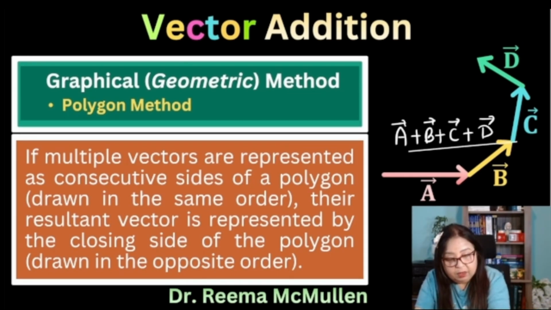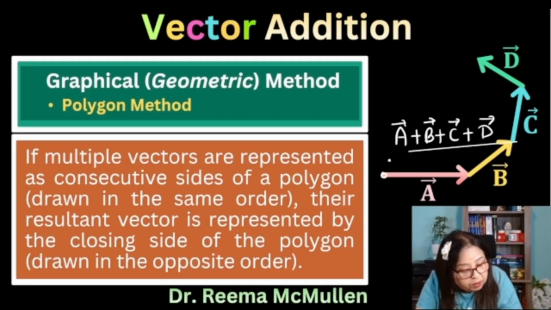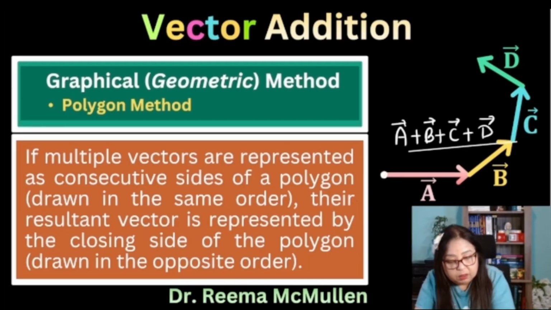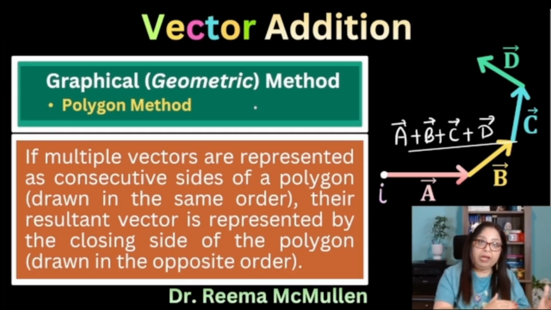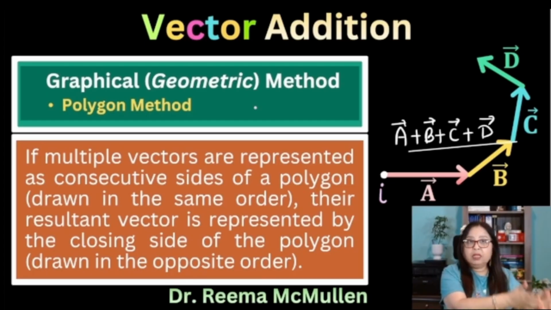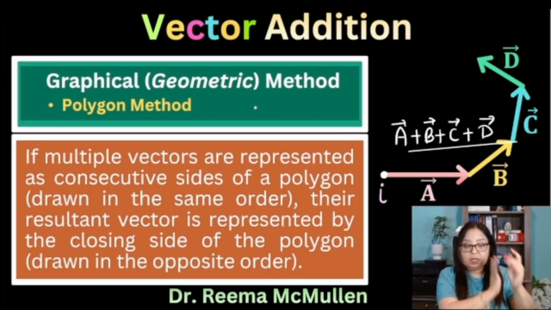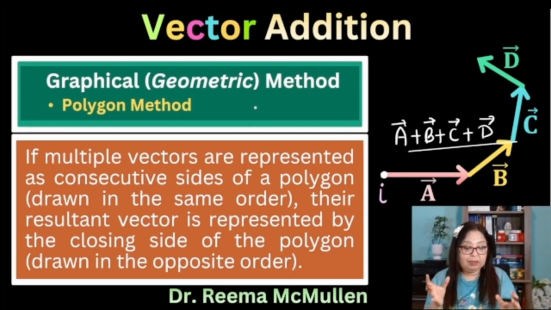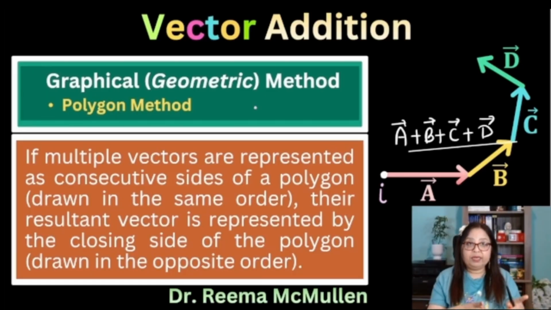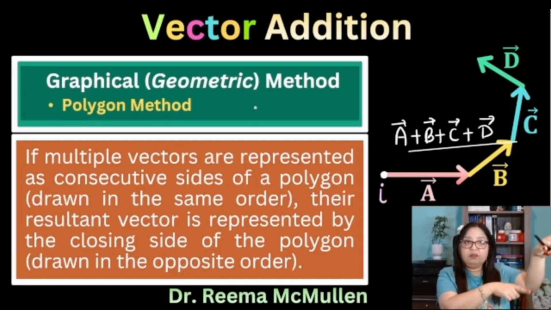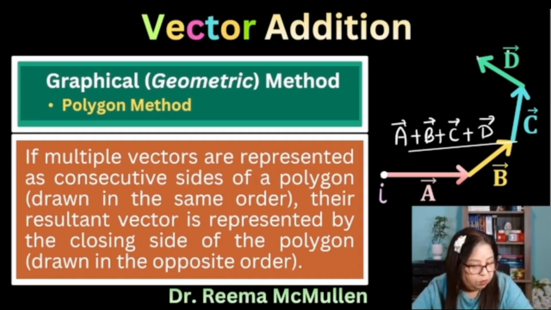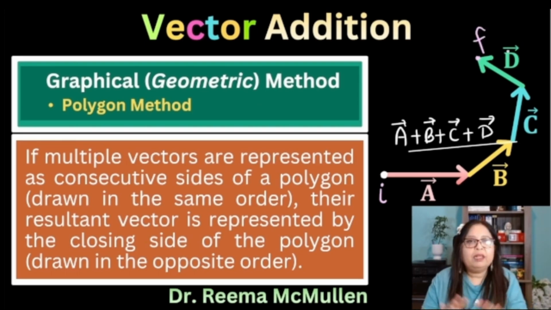So this is what's happening. You began over here. This is your initial position. Let's label that as I. Then you went along path segment A, then B, then C, and then D. So the initial position is I. Then there's vector A plus B plus C plus D. And over here, this is our final position. Now let's pretend for a second that these are displacement vectors.